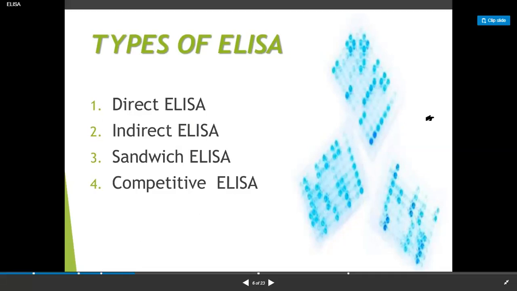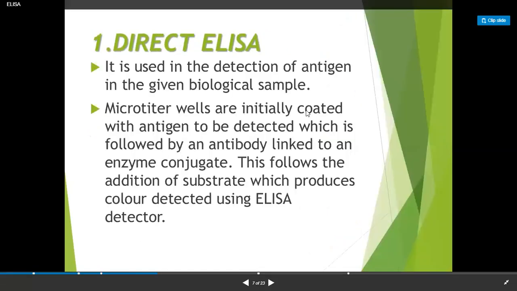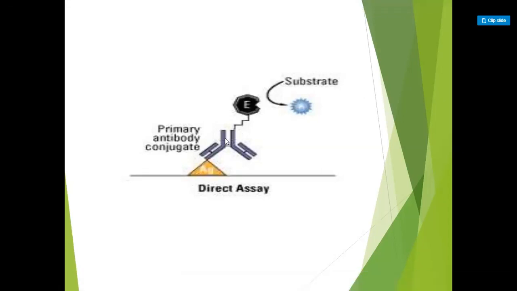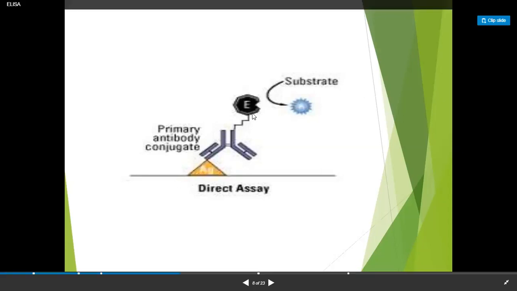In this direct ELISA test, what happens? In direct ELISA, there is an antigen molecule, and an antibody which is bound to an enzyme will bind to this antigen, and a substrate will be there.